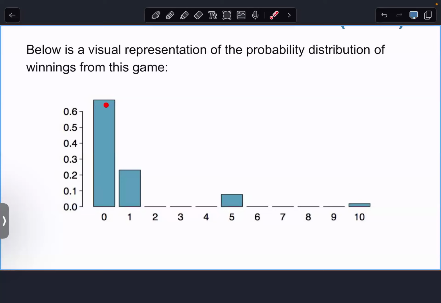Most of the time, we win nothing. More of the time than the others, but way less than winning 0, we just win $1, and then we win $5 or we win $10.